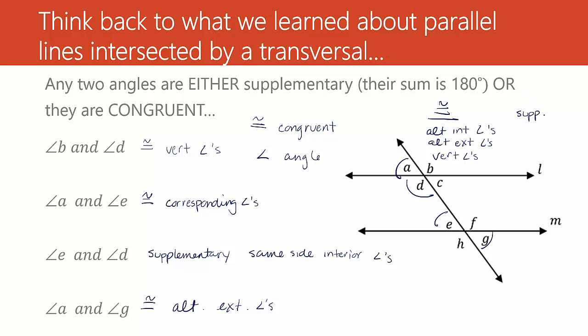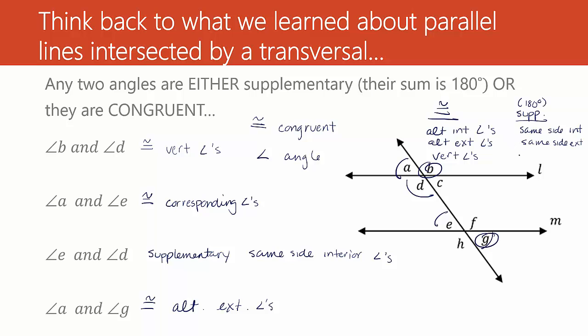Supplementary, meaning they add up to 180 degrees, those are going to be your same side interior, same side exterior. So an example of same side exterior would be angle B and angle G. Those are same side exterior.